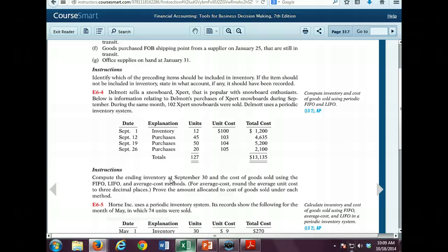Perfect. FIFO, the first ones in are the first ones we sell.